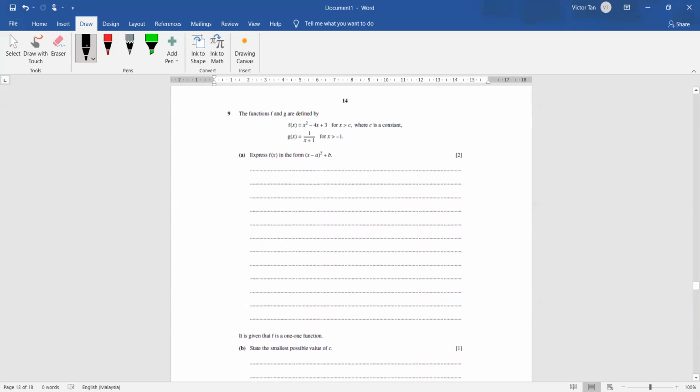The functions f and g are defined as follows. It must be important, we must see the domain. Express f(x) in the form x minus a squared plus b. So f(x) is x minus 2 squared minus 1.